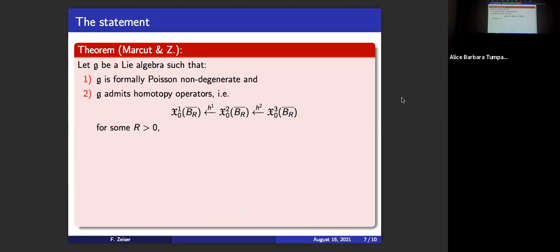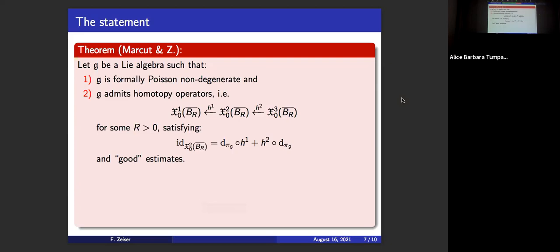By homotopy operators, I mean a map H1 from flat bivector fields to flat vector fields, and H2 from flat 3-vector fields to flat 2-vector fields, which are cochain maps between them and the identity on the flat bivector fields. So in terms of formula, that's exactly the condition we want them to satisfy. And they should satisfy good estimates. I will specify the good estimates in a second.